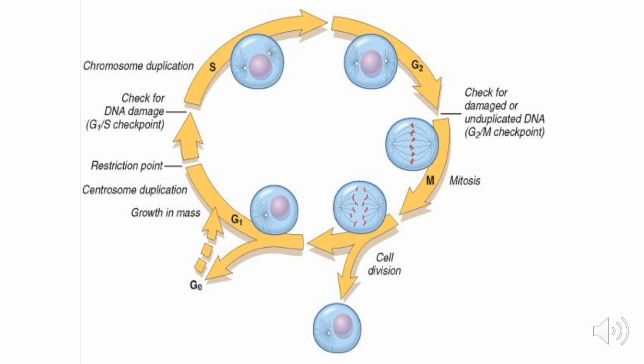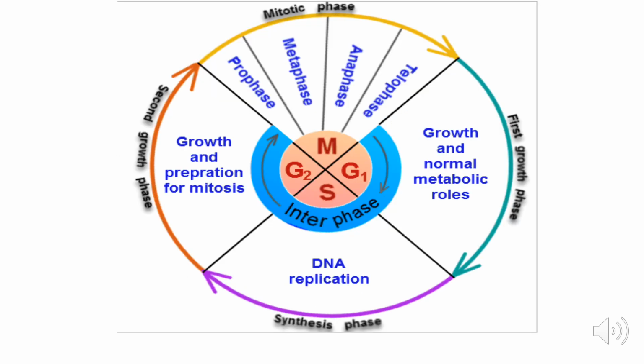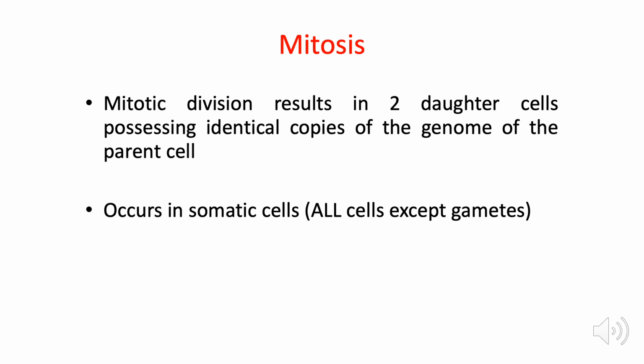I hope you can recall from your previous science subjects that mitosis has 4 important stages. These are the prophase, metaphase, anaphase, and telophase. As defined a while ago, mitosis is the cellular division of somatic cells in the body.